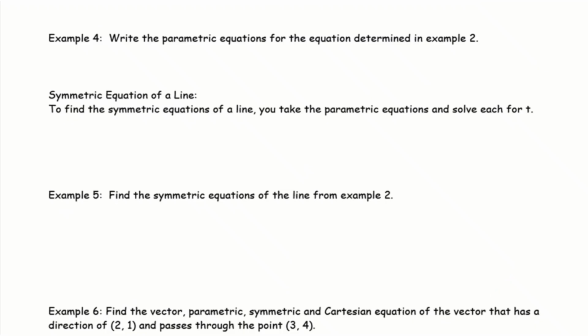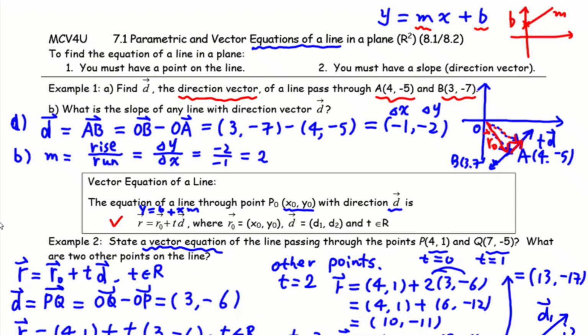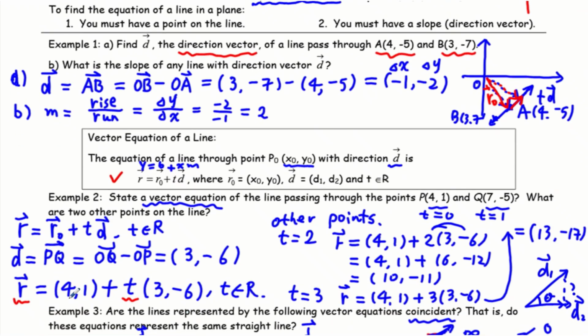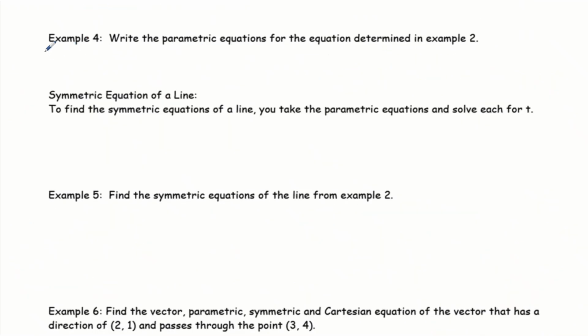It asks you to write the parametric equation for the equation determined in example 2. In example 2, we have this equation: r equals (4, 1) plus t(3, -6). So we copy it here. What we are going to do is write the vector r in x and y, then write it in the x component and y component.